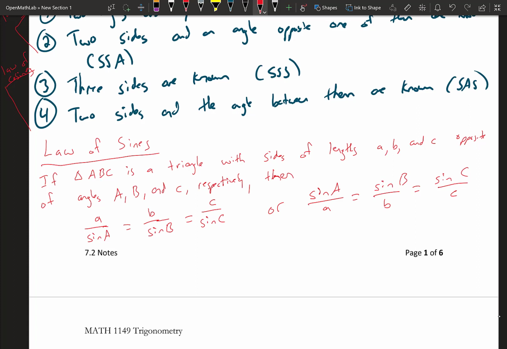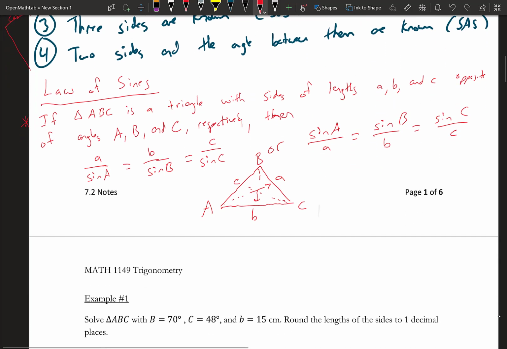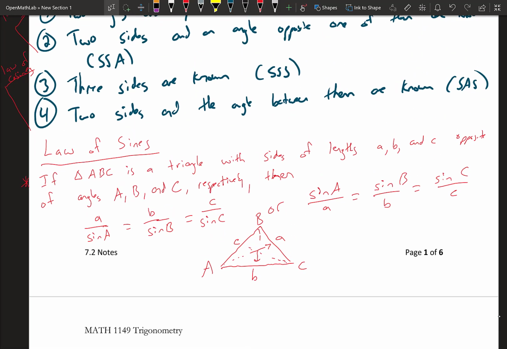If you have trouble with the first statement, it's just describing a triangle where these are angles A, B, and C, and the side right across from angle A is little a, the one across from B is little b, and the one across from C is little c. It's just describing that picture.